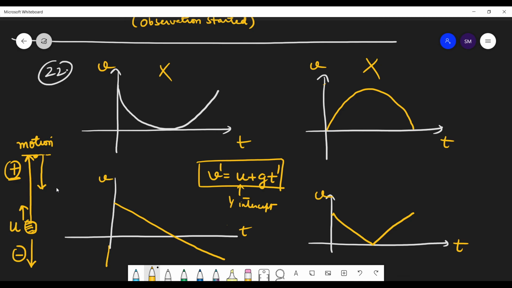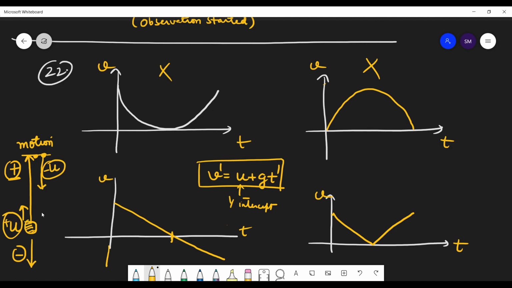When it starts coming downward, the velocity is negative, because upward direction is positive and downward direction is negative. So initially the velocity is positive and then the velocity becomes negative.